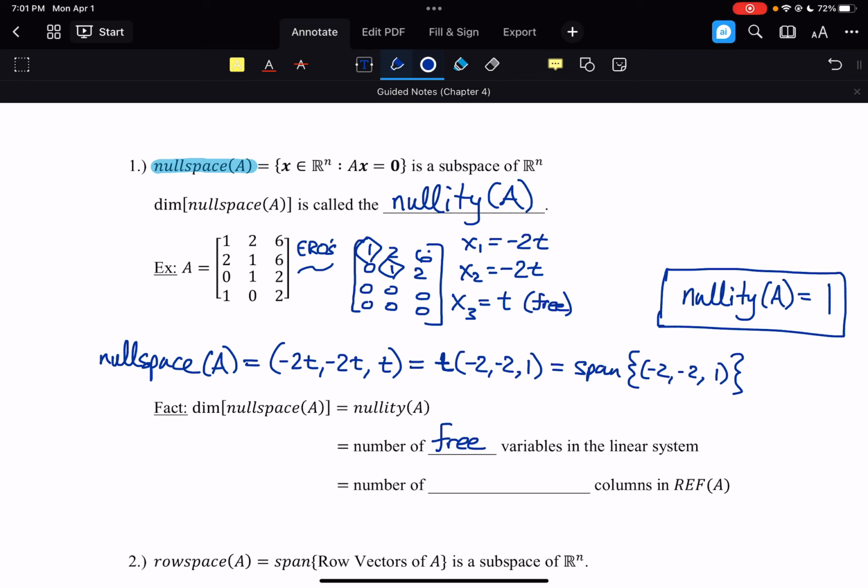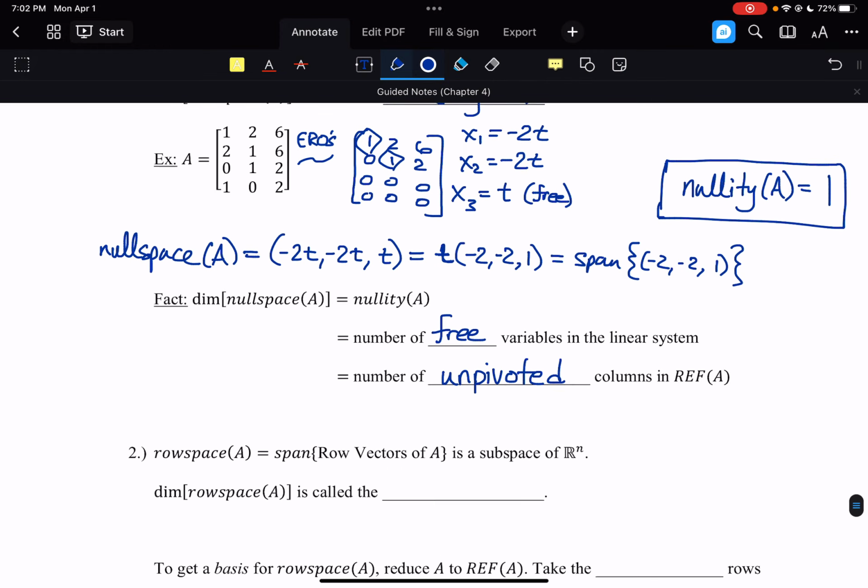And of course, the free variables correspond to the number of unpivoted columns in row echelon form of A. So if we put this in row echelon form, we look for the number of free variables or the number of unpivoted columns, and that can tell us the nullity without actually having to find the null space or the basis for the null space.